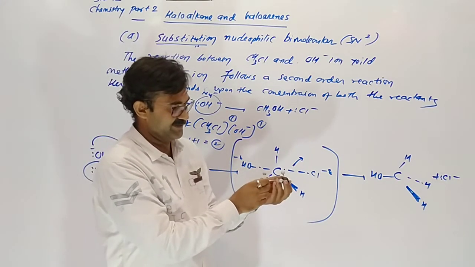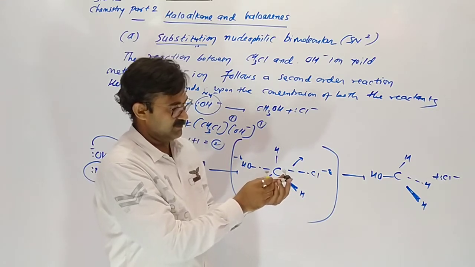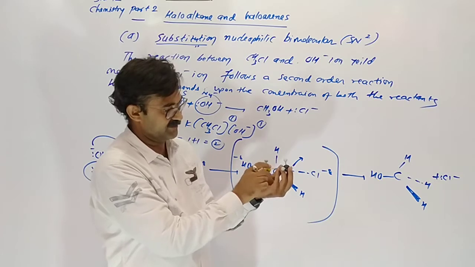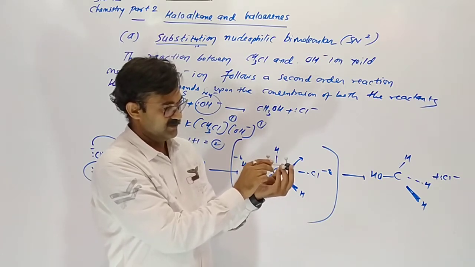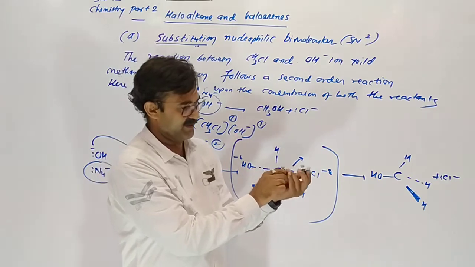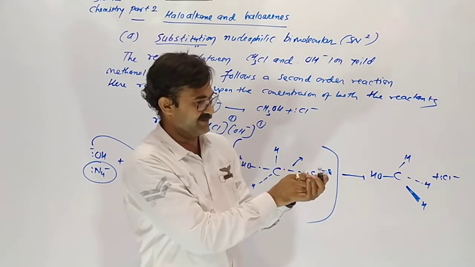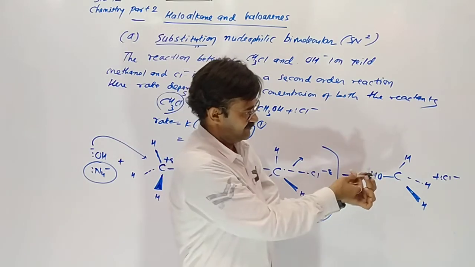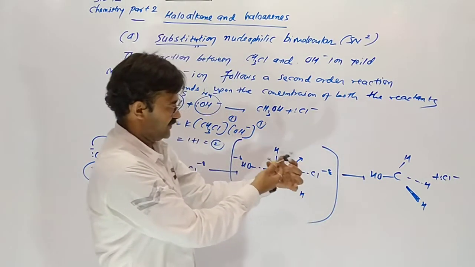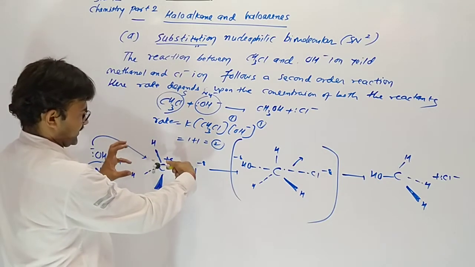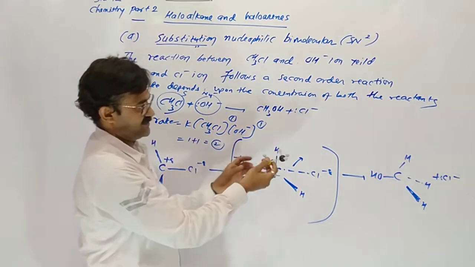Then OH is entering there. The bond forms totally, but due to repulsion between the three hydrogens and the OH group, the side of the CH3 changes, and that is called inversion. You can see inversion occurs. CH3 was on this side, and now the side is changed.